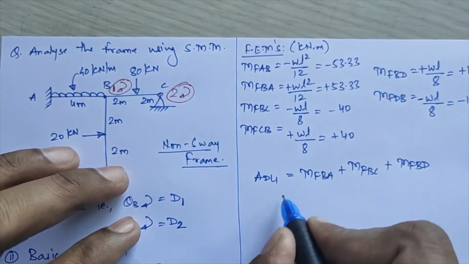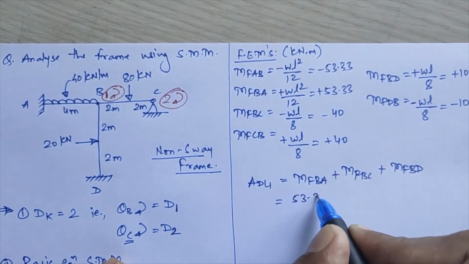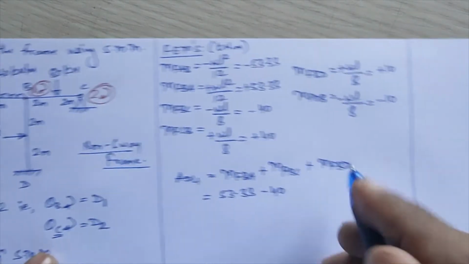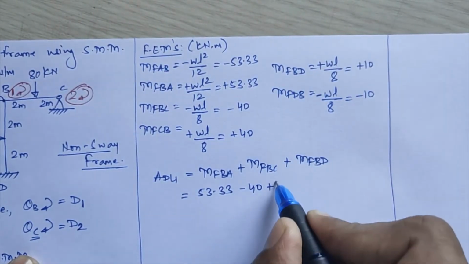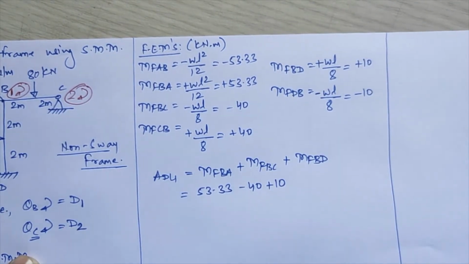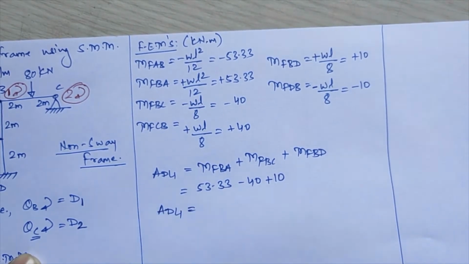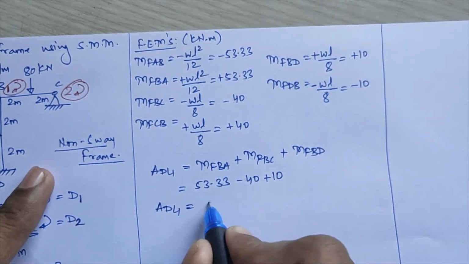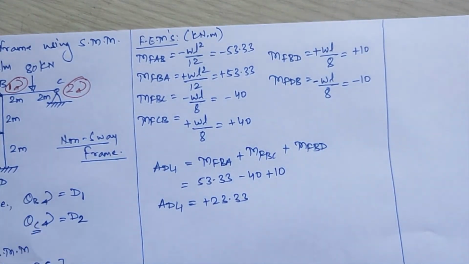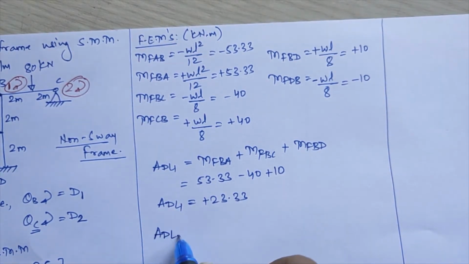Okay, so we'll substitute the values. MFBA, that you are having 53.33 positive, MFBC you are having minus 40, and MFBD, that is your plus 10. So after calculating this, I have got ADL1 as 23.33 positive. Okay, so ADL1 I am getting as 23.33, and next is your ADL2 value.